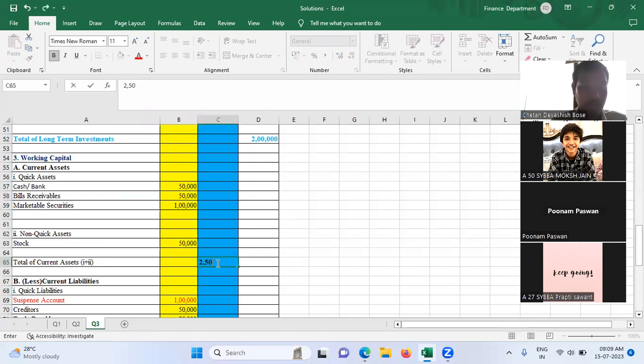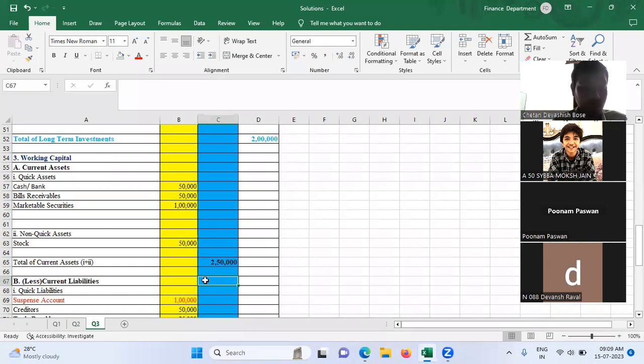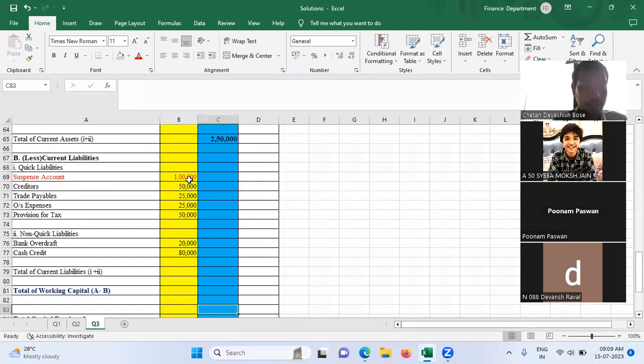Yes, sir. Now we need to do total of current liability. What is the total of current liability? 3,50,000. First time we are getting negative. Current liability is more than current asset.